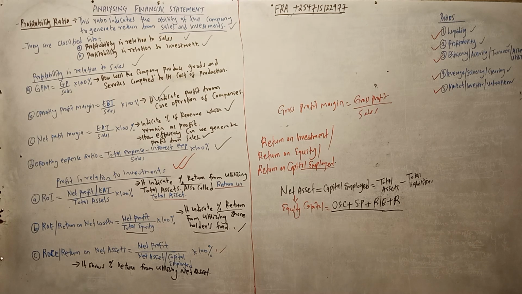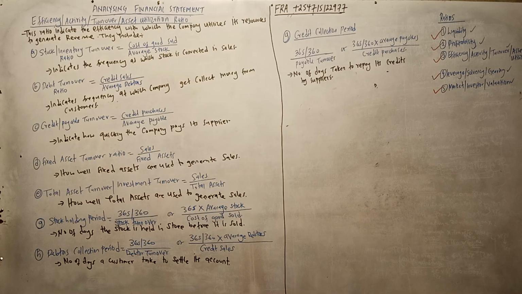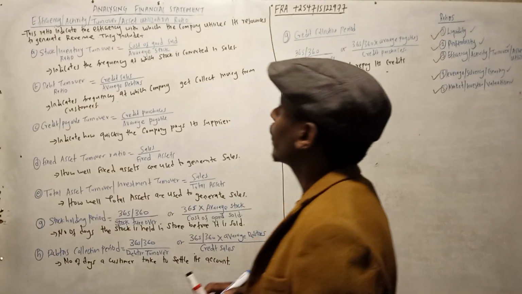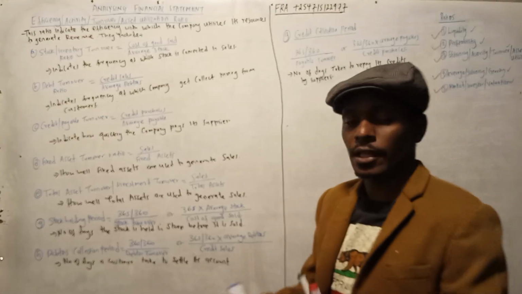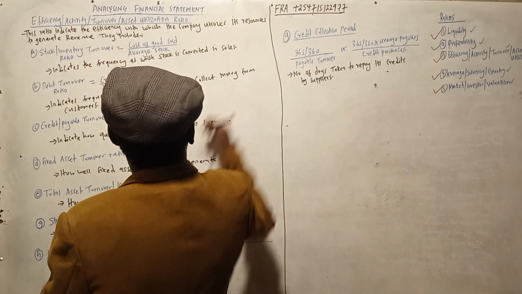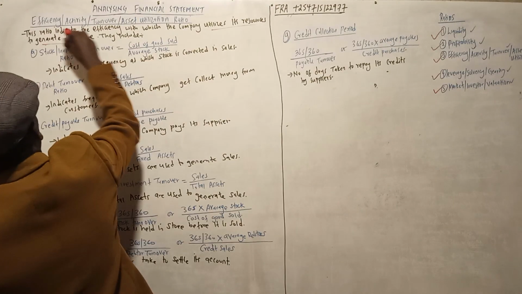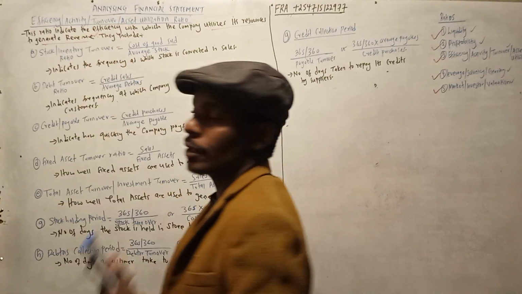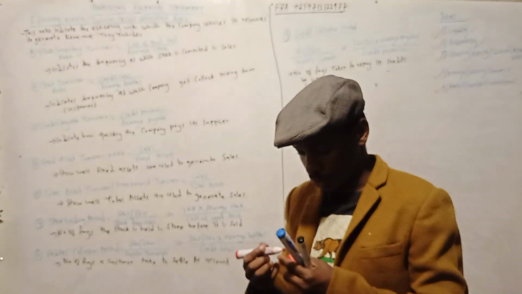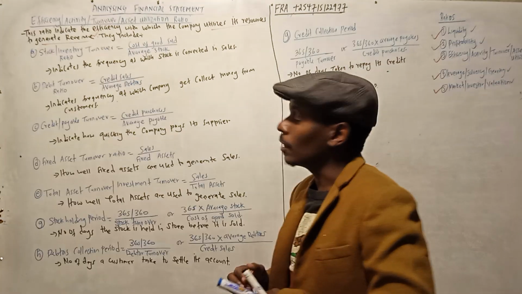This is the ratio that indicates how efficiently the company utilizes its resources, that is its assets, to generate revenue. So how efficiently does the company utilize its assets or resources to generate revenue?